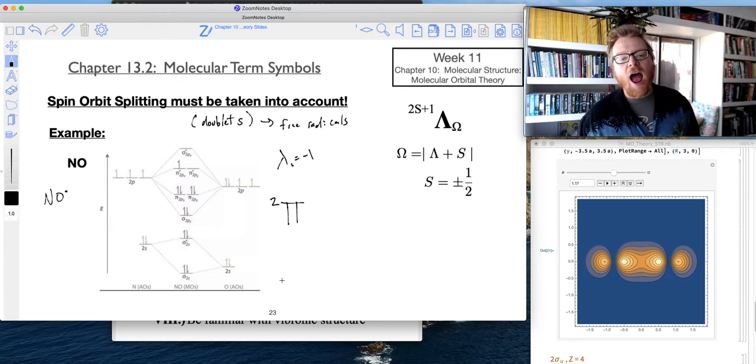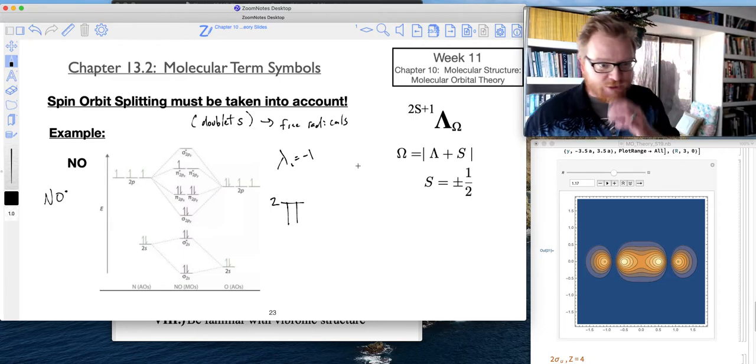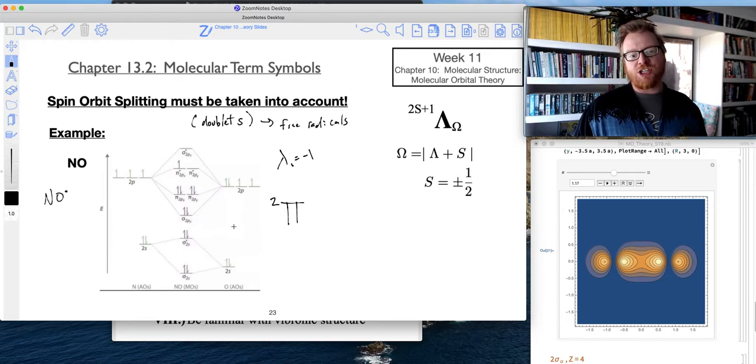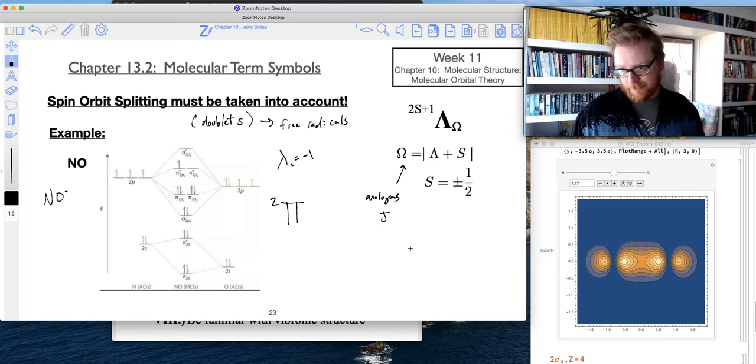And so now we're not so concerned here with noting if it's g or u symmetry, because with doublet states, what's more important is to take into account its spin-orbit splitting. That is given by this omega, which is analogous to J for atoms.